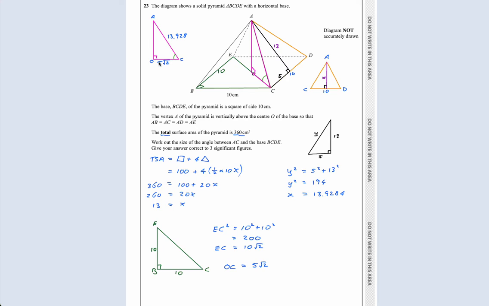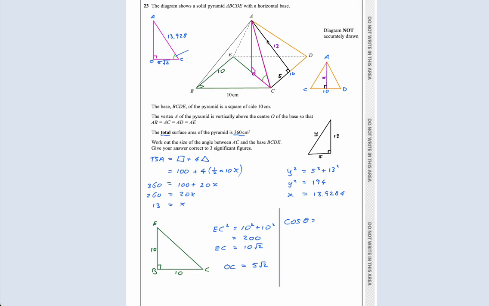And I now come back to my original pink triangle. This one. I have the adjacent, I have the hypotenuse. I can find the angle using SOHCAHTOA. So I'm just going to put a straight line here. I'm going to say adjacent and hypotenuse, so it's cosine. So I'm going to say cosine of the angle, let's call it theta.